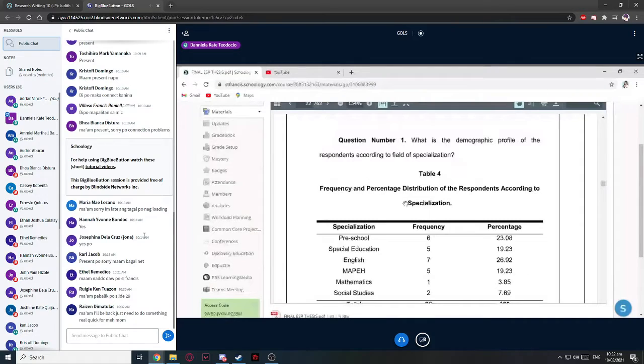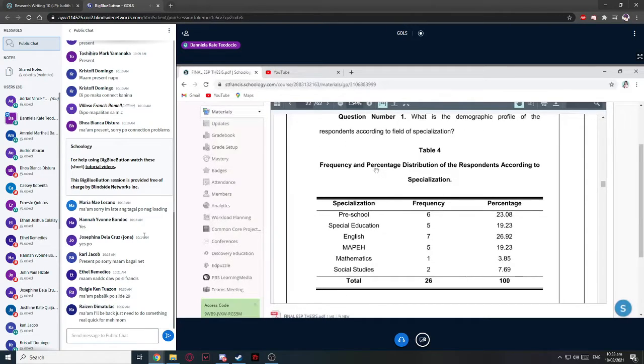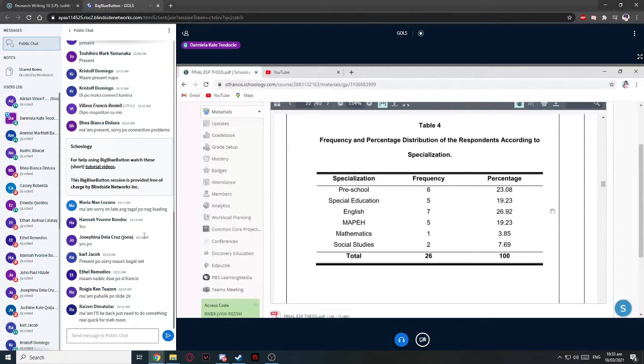First, let's have the question number 1 of our statement of the problem. What is the demographic profile of the students or respondents according to the field of specialization? Now, you have here your table. Now, this is what you call your tabular presentation. Tama po ba?